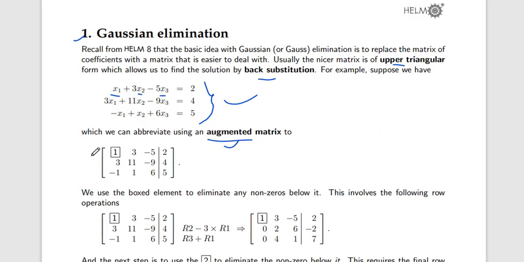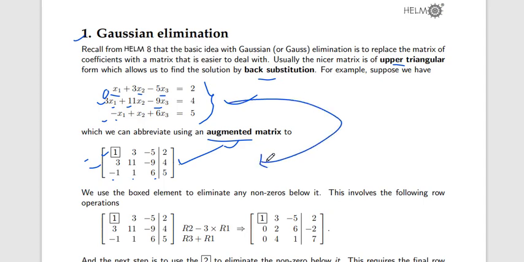The first row has the coefficients of x1, x2 and x3, the second equation is the second row, and the third equation has coefficients of x1, x2 and x3: -1, 1 and 6, and 2, 4, 5. So this is the augmented matrix of this linear system.